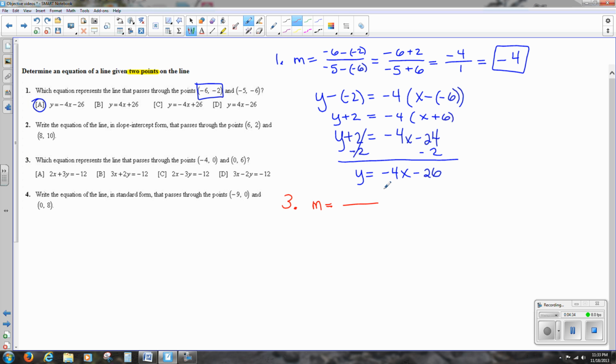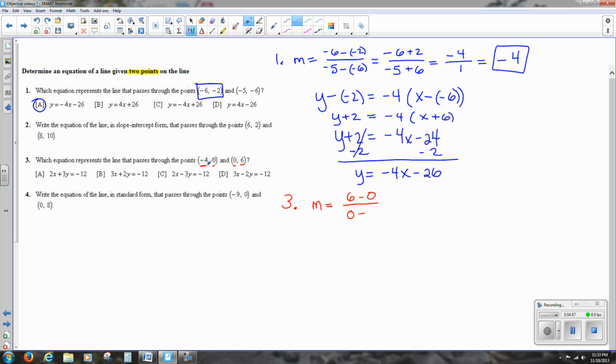So remember, we want to put our y values on the top. I have 0 and 6. I think I'll put them as 6 minus 0. So it's a positive result. Now I need to line up my x's. See, I used up those y values. The x value of 0 belongs with the y value of 6. Put my minus sign in.